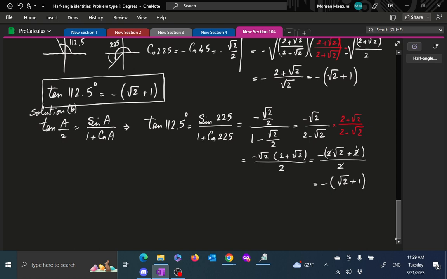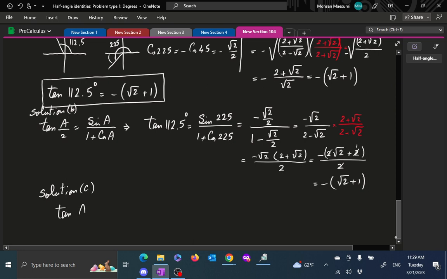So we got the same answer. You can try another one. Solution type C, tangent of A over 2 is also 1 minus cosine of A divided by sine of A. So I leave that to you to go ahead and discover for yourself that you get the same answer.